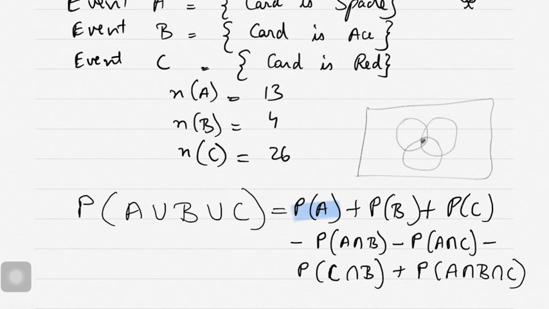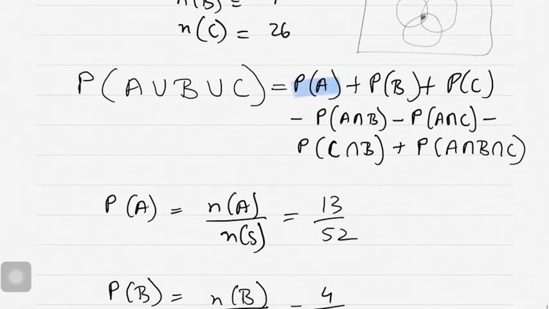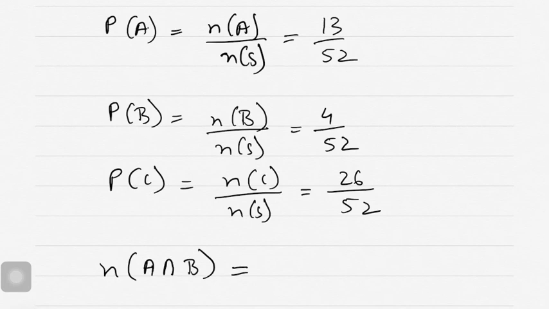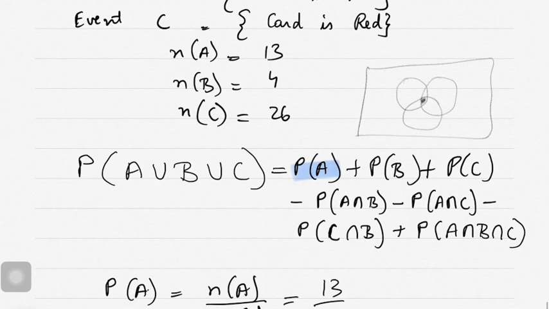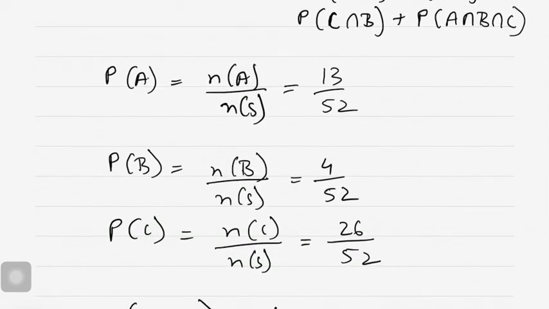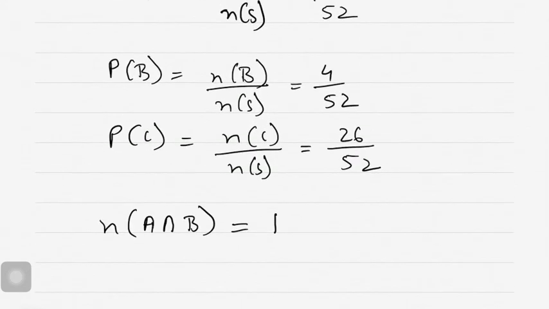Ace of spade is common between A and B. That means there is only one card which is common, so N of A intersection B is 1. Ace of spade is common.